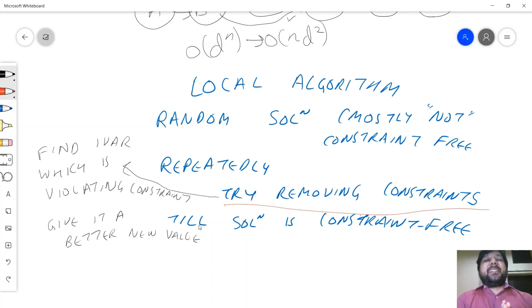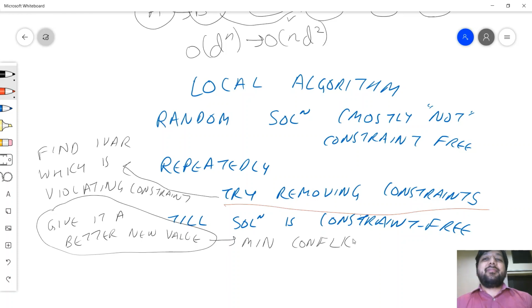I don't go to the committee, I tell the committee such small constraints, even I'll remove it. Now, you always give it a value which has the least constraints, also called the minimum conflicts. So out of all the values, you try the value which has the minimum number of conflicts. So that's a very good heuristic.